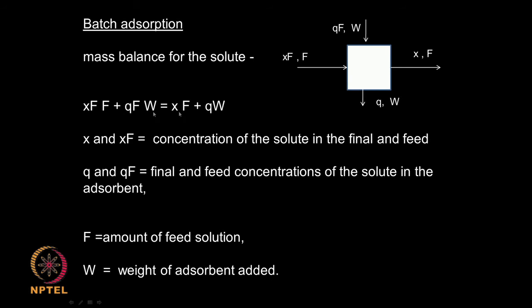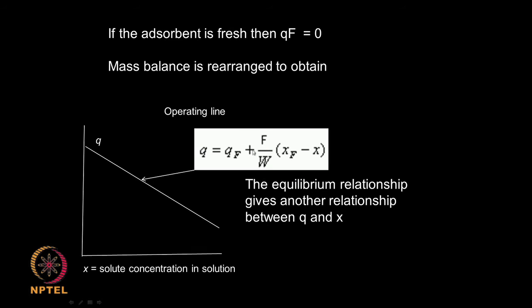I am just rearranging it to bring q on the left hand side, remaining things on the right hand side. So, when you plot q versus x, you will get a straight line going down. This is called the operating line, and the equilibrium line could be the relationship between y and x. It could be y equal to Kx if it is a linear adsorption, and so on actually. So, this is called the operating line, and the other one will be the equilibrium relationship.